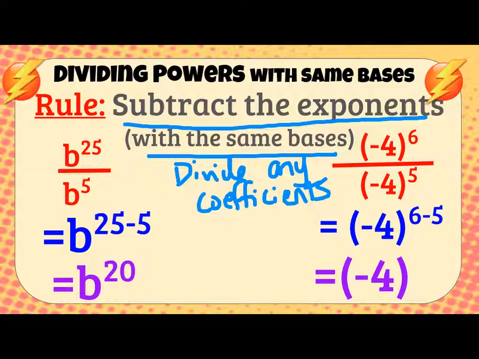I would have 20 b's left over. And then 4 to the 6th minus 5 means I have negative 4 really to the 1st power, but we don't necessarily need to write it with the 1. It could just be negative 4. It just means I have one of them left over.